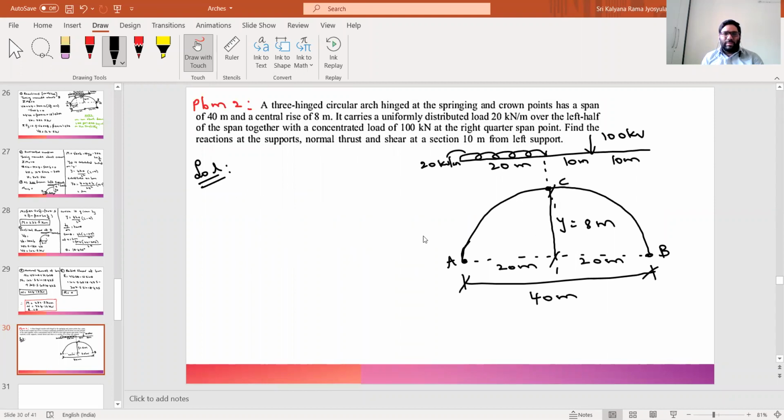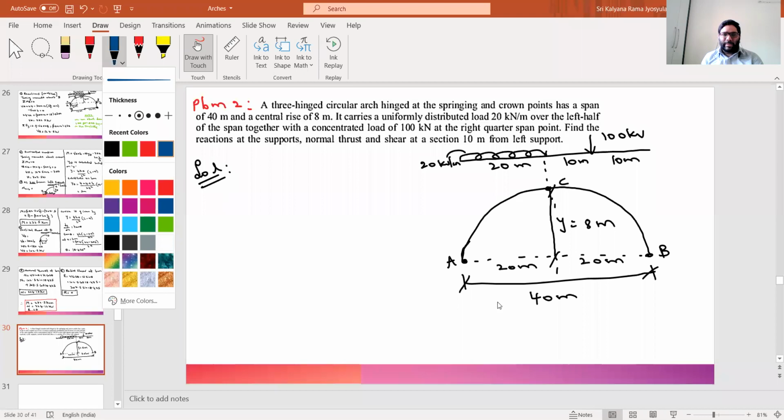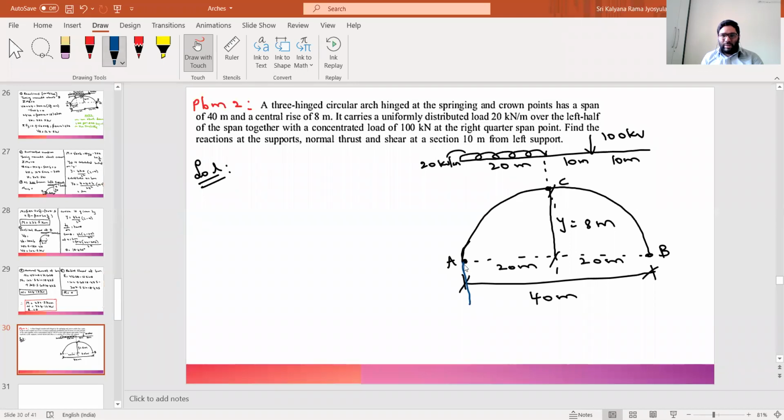Now, the first step is to calculate the reactions. So what are the reactions? VA, VB, HB, or it can be H also, anything is fine, and HA.